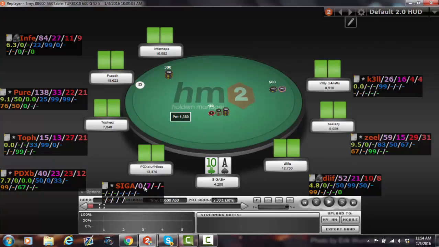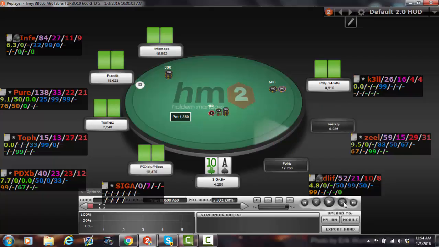Ace-10 off. We have 7 big blinds, and it folds to us. Okay, so we go right here. This may seem like an obvious shove, or it may seem like an obvious fold, but let's look at the chart. Okay, we've got 7 big blinds, ace-10 off, and our position is button, cutoff, hijack, button 3.